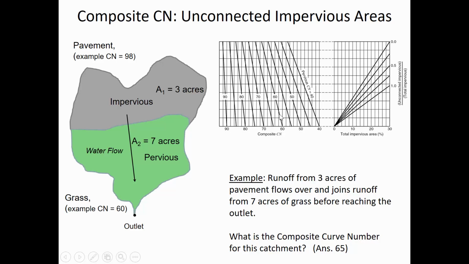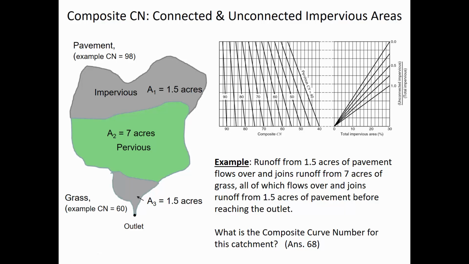All right, so I want you to try that, try using that nomograph on this next figure here. So on this next figure, you can see some of the impervious is connected, some of it is unconnected. So I've got the answer here of 68, but double check to see if you get the same thing as the composite curve number.